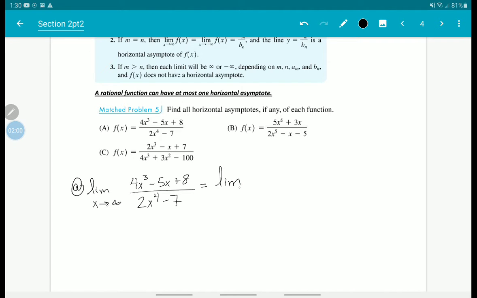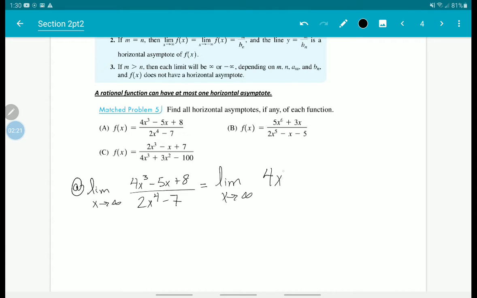So if I look at that here, as x gets bigger and bigger, adding 8 is not going to do a lot to the problem, and subtracting 5 times that x isn't going to do much to the problem. So this numerator is going to be determined by what happens to that leading term, 4x cubed.